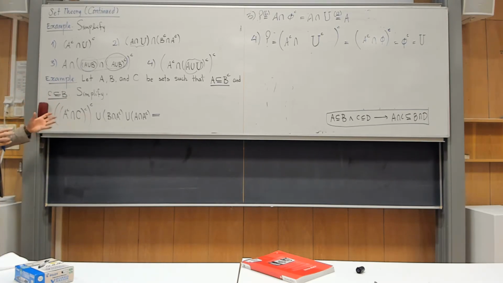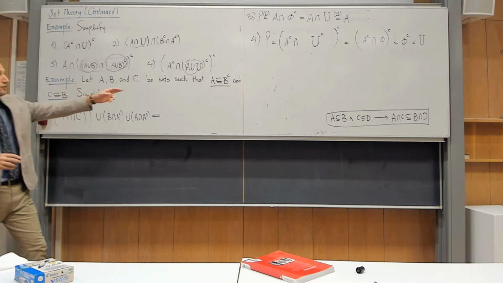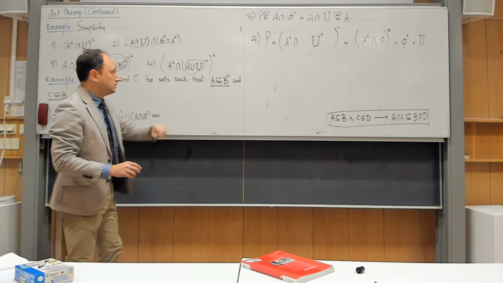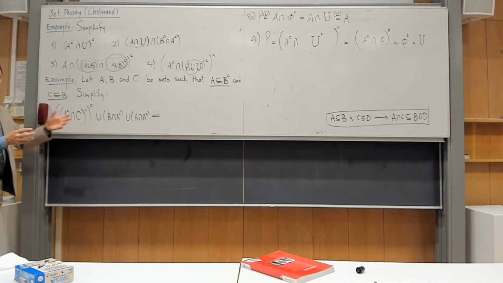But maybe I can find a connection between A complement and C. Do you think that there is a connection? I have connected A to B somehow, and I have connected C to B, but I want to somehow connect, if possible, A and C together. So what should I do? Is this possible, or should we carry on?